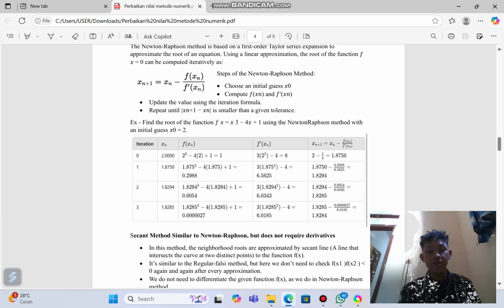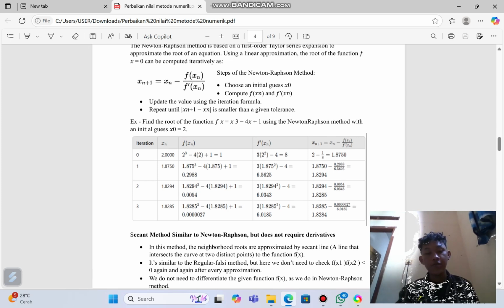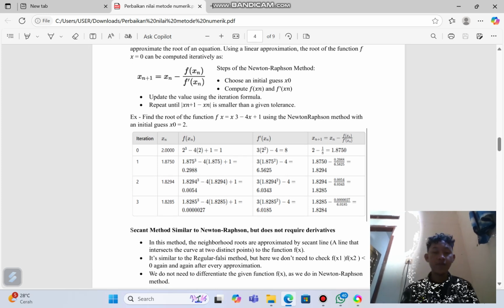The steps of the Newton-Raphson method: first, we have to choose an initial guess for x0. Second, we have to compute f(x_n) and f'(x_n), the derivative at x_n.